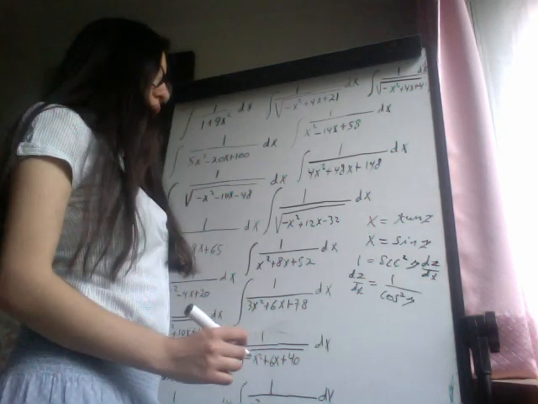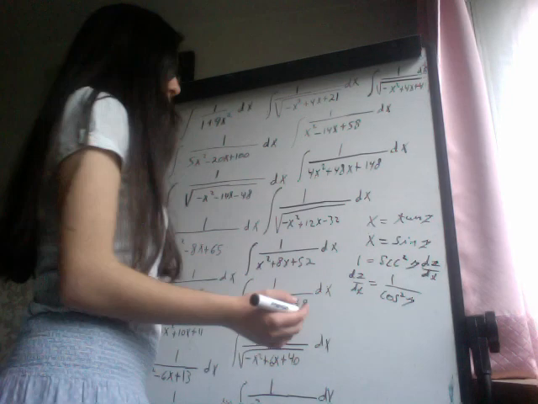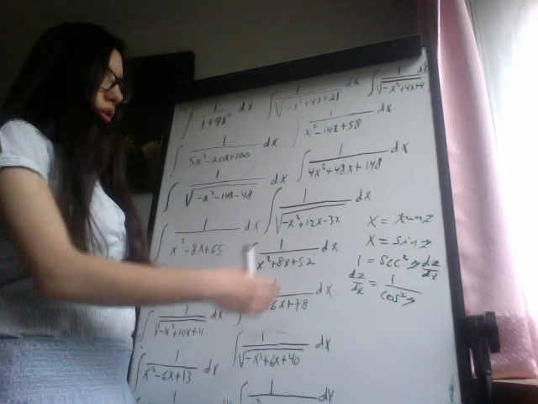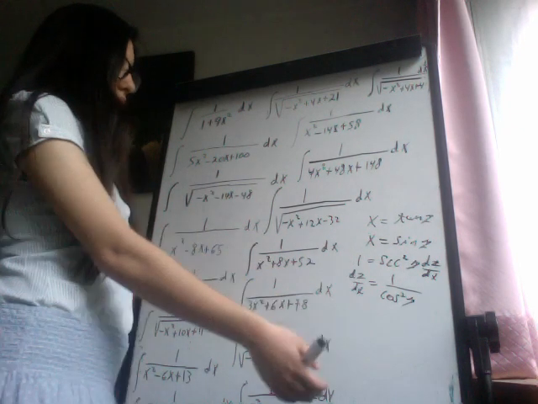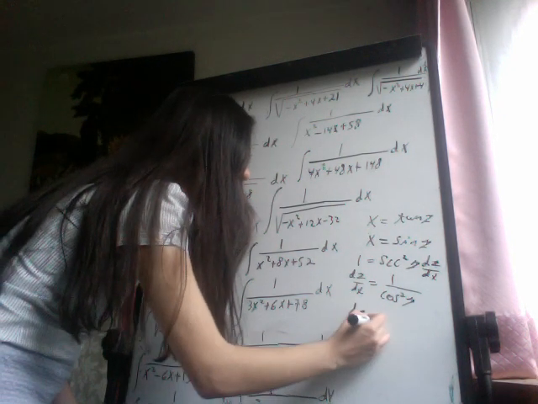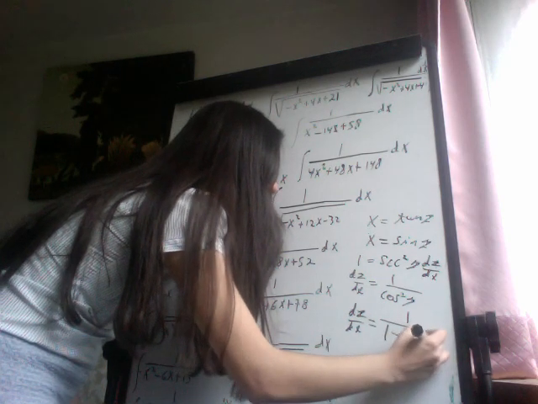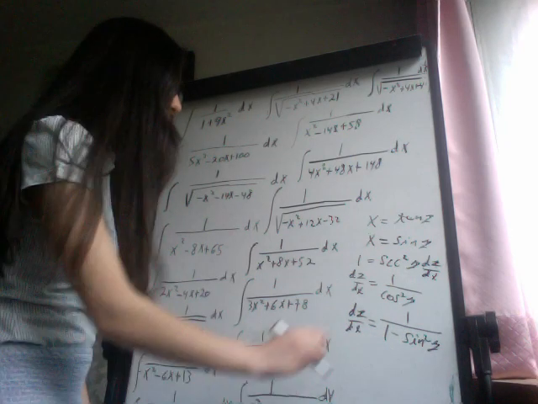Now we want to put square cosine y in terms of sine y. So remember the Pythagorean identity: 1 is equal to square sine plus square cosine. So square cosine will be 1 minus square sine of y. But what's sine of y?